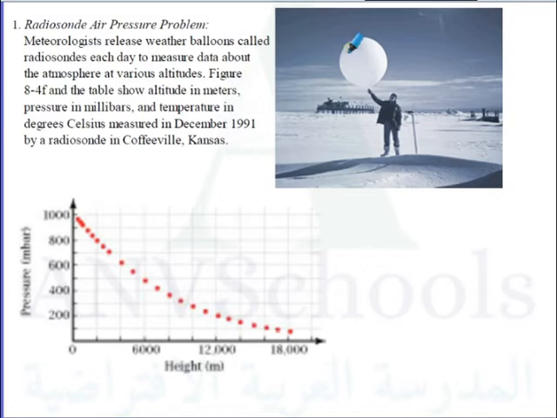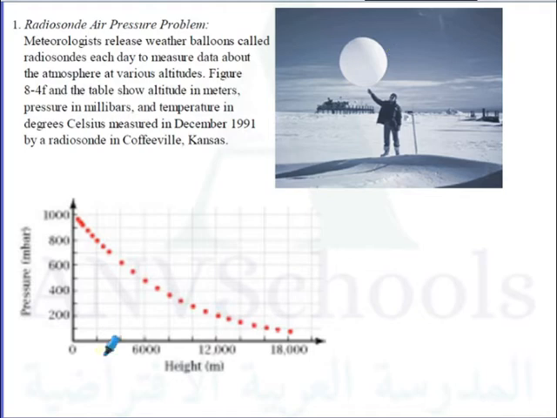So this is a radiosonde. It is being used by the meteorologist in order to acquire some data about the atmosphere at various altitudes. So this is the data.